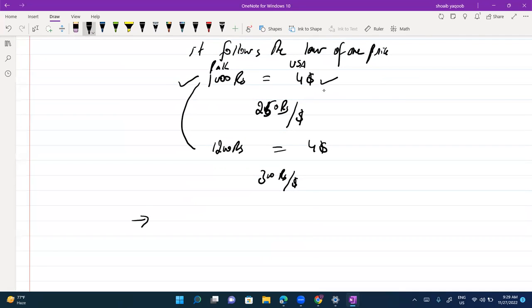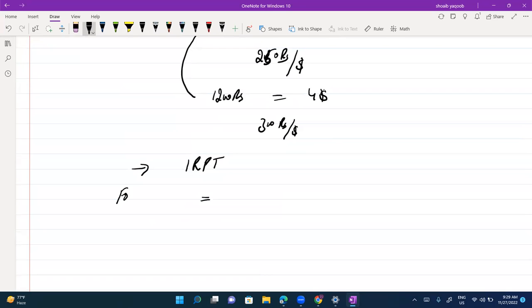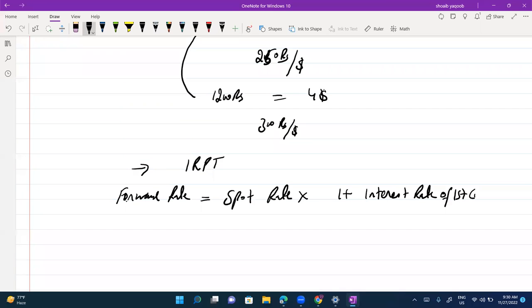Second, interest rate parity theory, that is equal to forward rate is equal to spot rate into 1 plus interest rate of first currency divided by 1 plus interest rate of second currency.